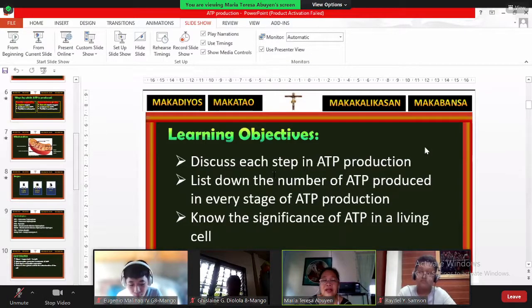Of the three, glycolysis is anaerobic, while Krebs cycle and ETC are aerobic.